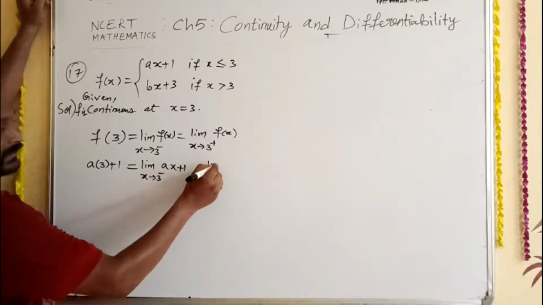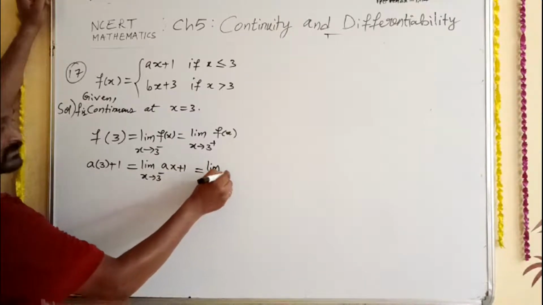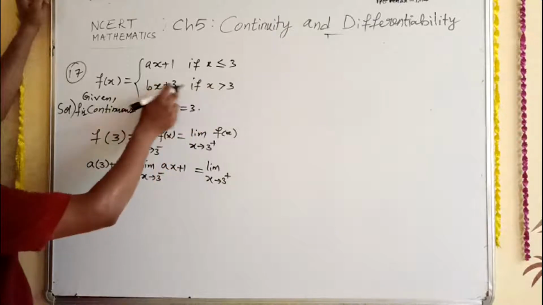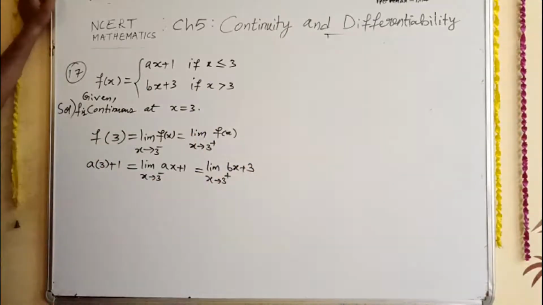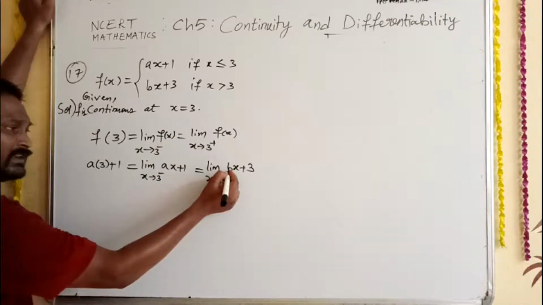Then limit x tends to 3 plus means greater than 3, bx plus 3. Just simplify this and you get your answer.